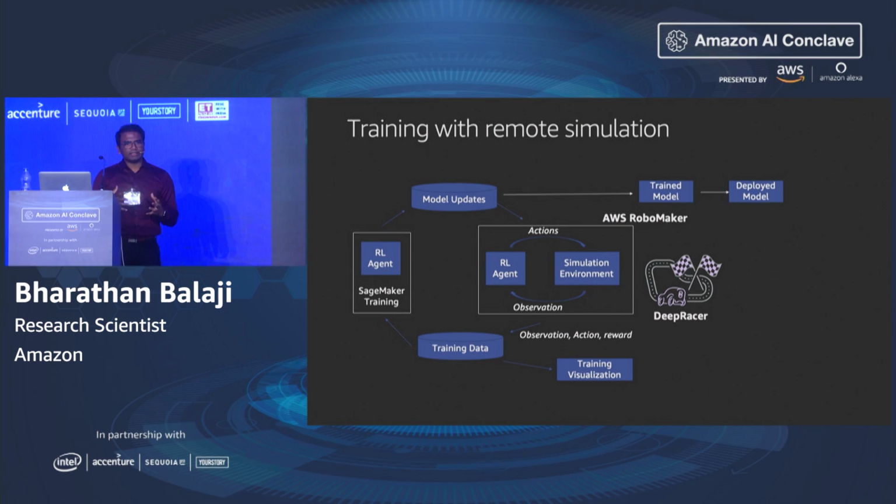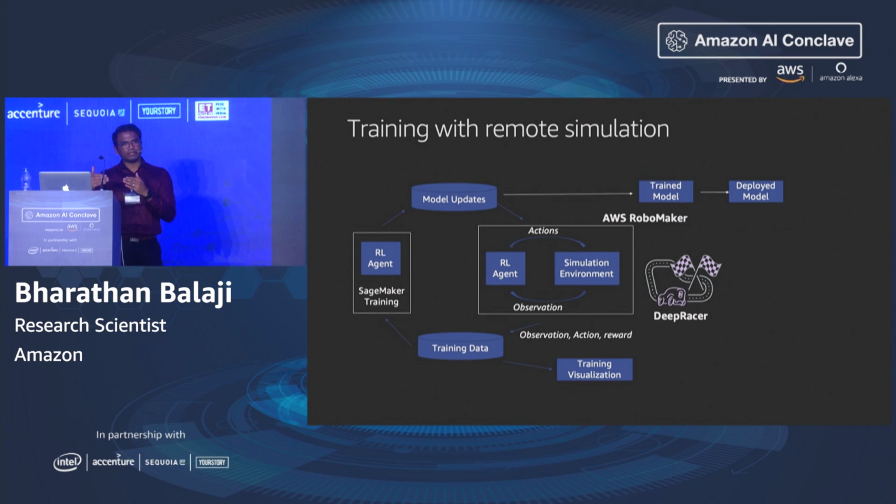We can periodically save the agent to S3, and the saved models can be deployed to the robotics car like DeepRacer. One thing to note is that we can do distributed training. As reinforcement learning solves more and more complex problems, the bottleneck comes with how fast we can collect this interaction data.